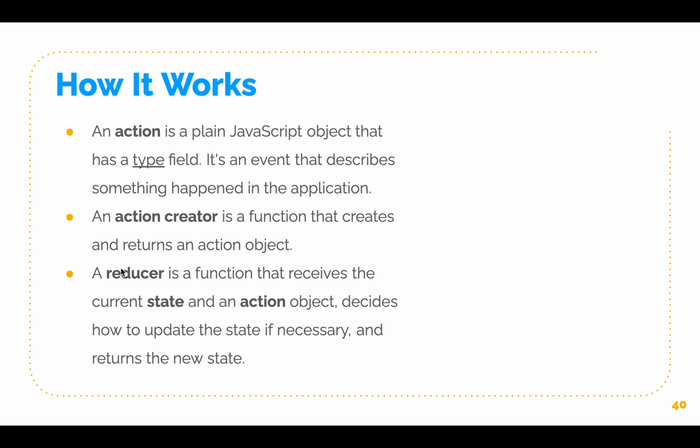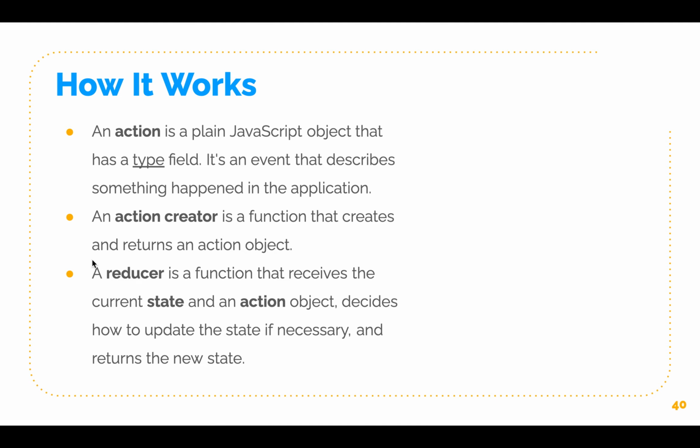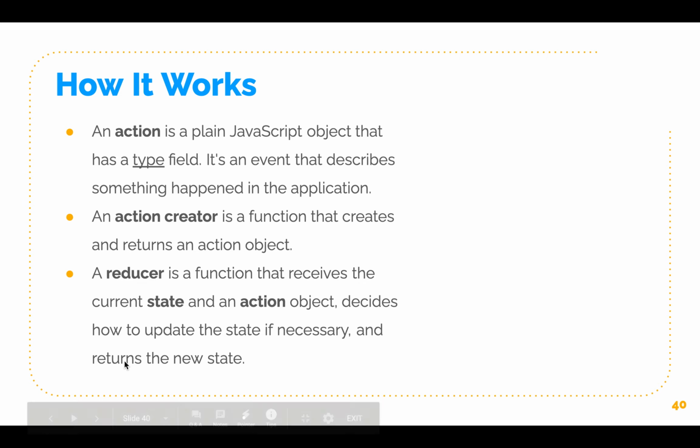They're not specific to Redux, but it's this idea of taking in some state and an action and then returning the new state after that action takes place. So maybe in the shopping cart example, we take in the current list of items in the cart, and we take in an add cart object, and then we return a new list that has the updated list of items in the cart.